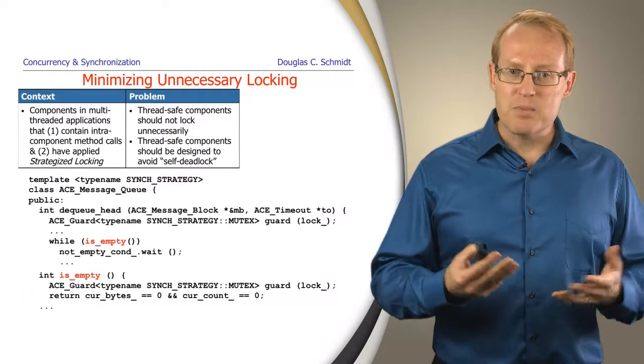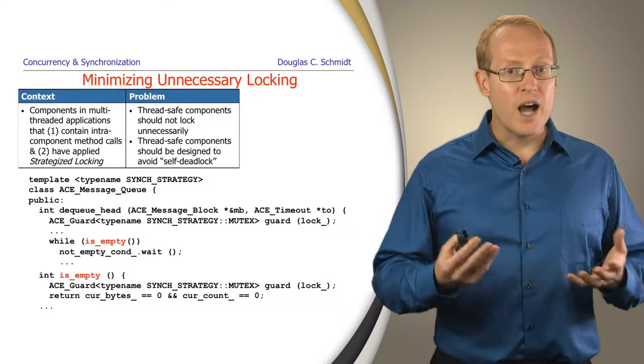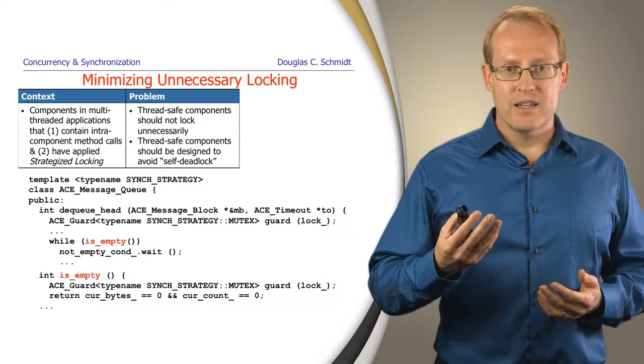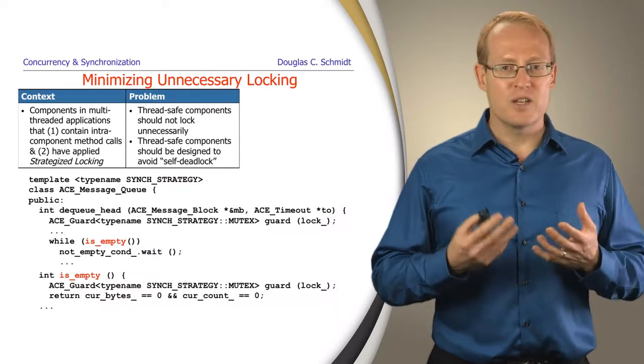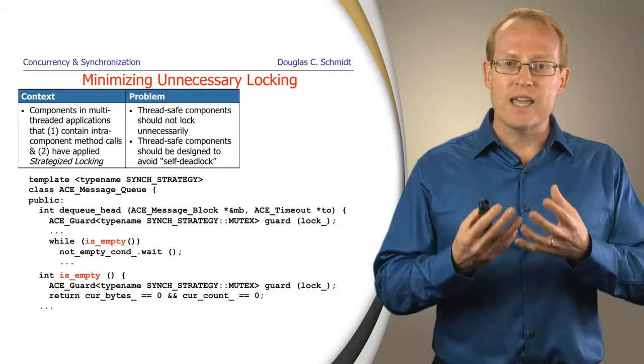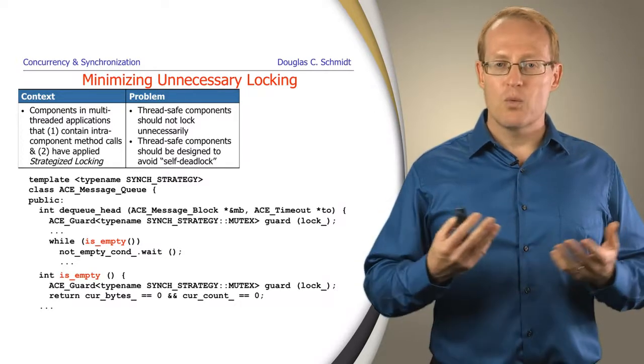The next and last part of this module will describe one of the consequences of applying the strategized locking pattern. If you think about strategized locking, it was encouraging you to make the locking mechanism a policy or a strategy that you could parameterize with your components.